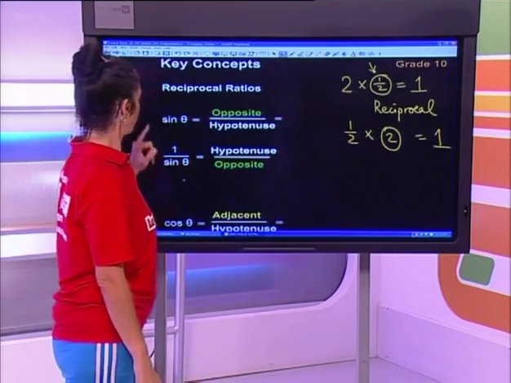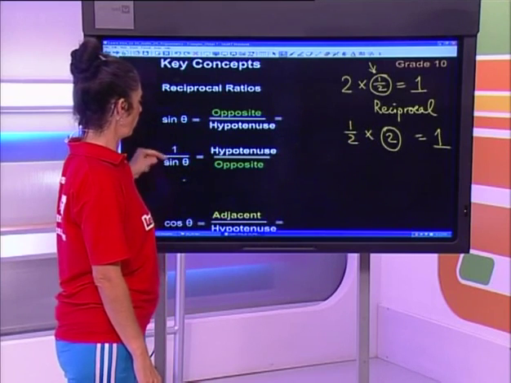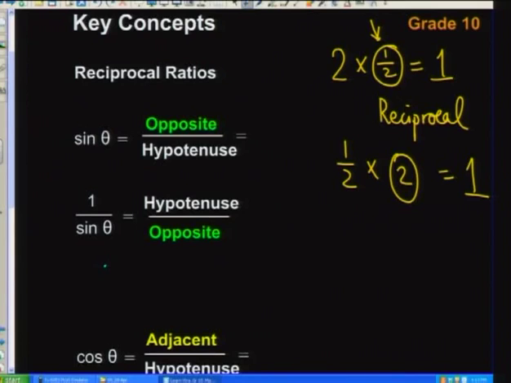So the reciprocal of sine theta would be 1 over sine theta. And that's when we change positions, numerator, denominator. So you now have hypotenuse over opposite. And that 1 over sine is actually given a new name. It's not on your calculator. Completely new name, cosecant of theta.